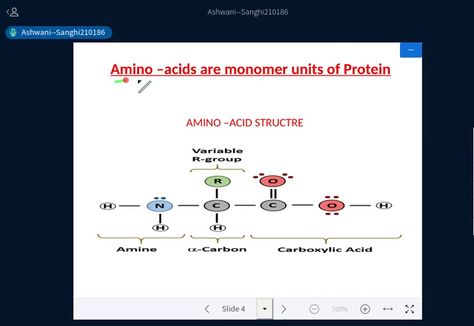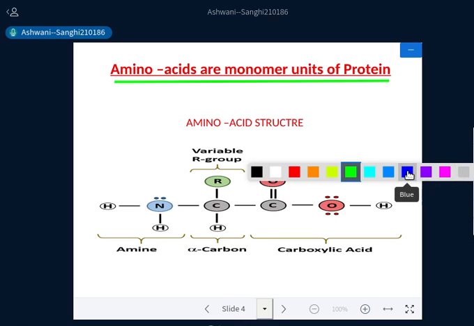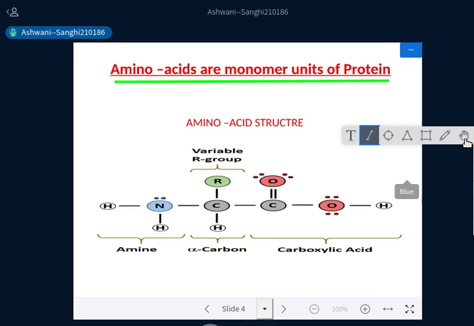Amino acids are monomer units of proteins, or proteins are polymers of amino acids.